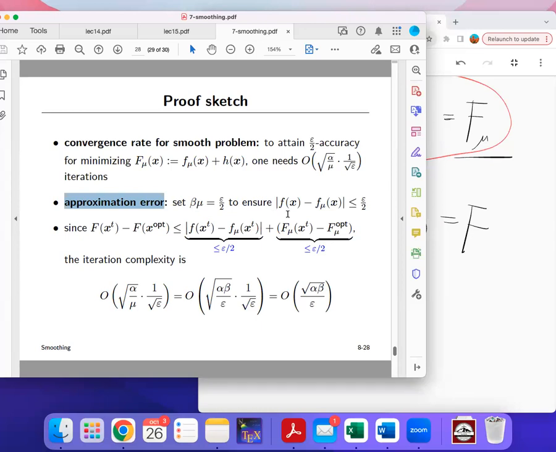Therefore, we want to make sure this approximation error is also small. So let's set this error to be epsilon over 2. Once you set this error to be epsilon over 2, we are guaranteed that the approximation error of f is bounded by epsilon over 2.